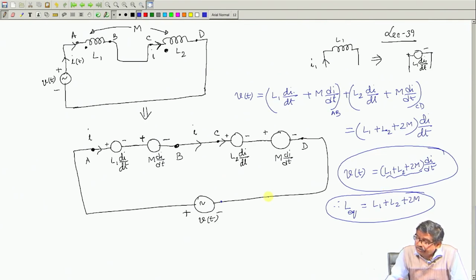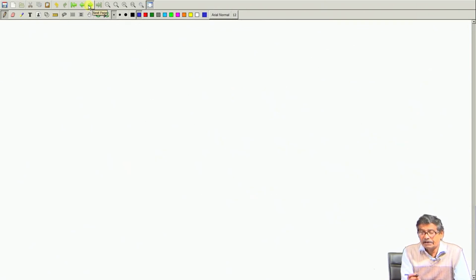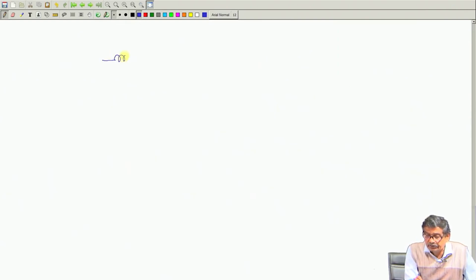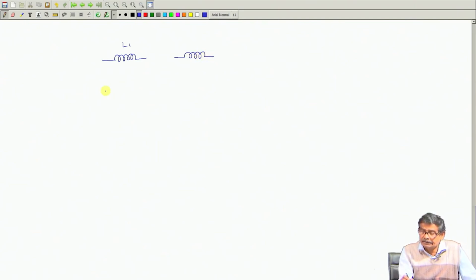What will be the energy stored in the system? Half this L equivalent into I square. Similarly, I will not do that, but I will tell you what is the difference between these. Suppose these are the two coils, but you practice it, so that it will give you more confidence in handling mutually coupled coils.